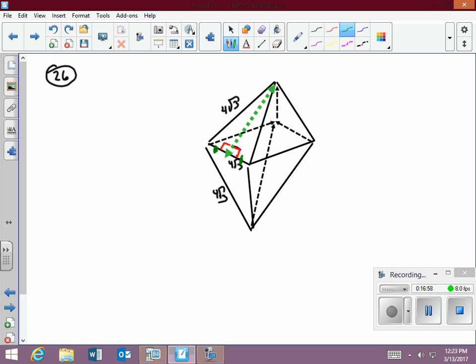So 2 square root of 3. And to find the height, we're going to use the formula A squared plus B squared equals C squared on the right triangle. And so C is going to be 4 square root of 3, and we can calculate the B would be height. We'll call the B height.